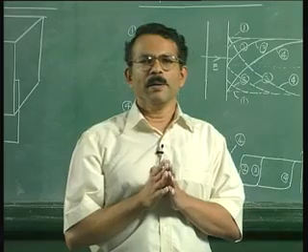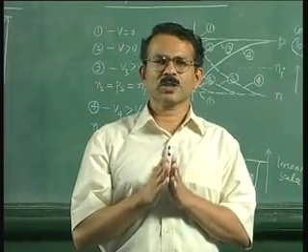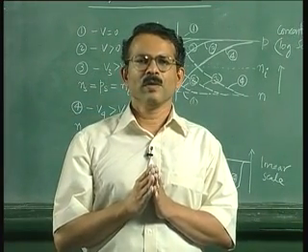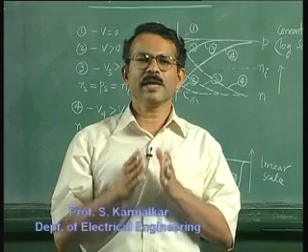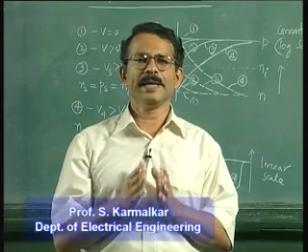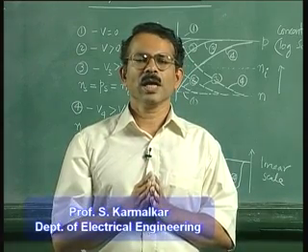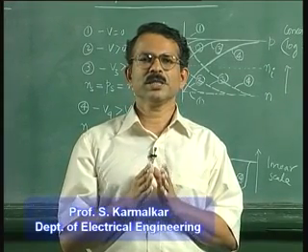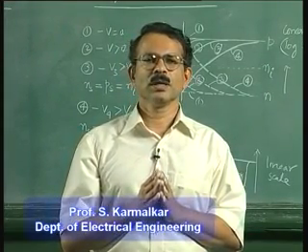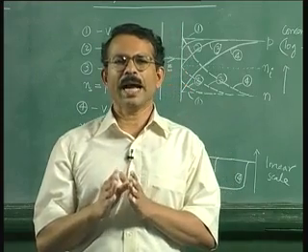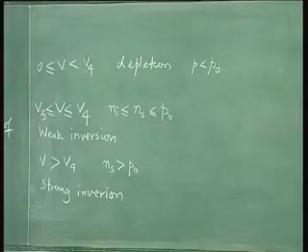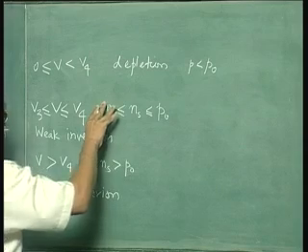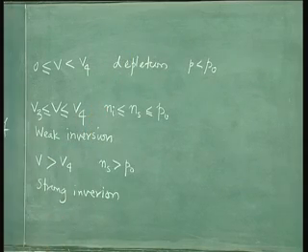So in a first course on devices, we normally do not treat the weak inversion conditions in detail. Therefore we separate the MOS capacitor regions of operation into accumulation, depletion and inversion. So this weak inversion region will be assumed to be part of the depletion region.